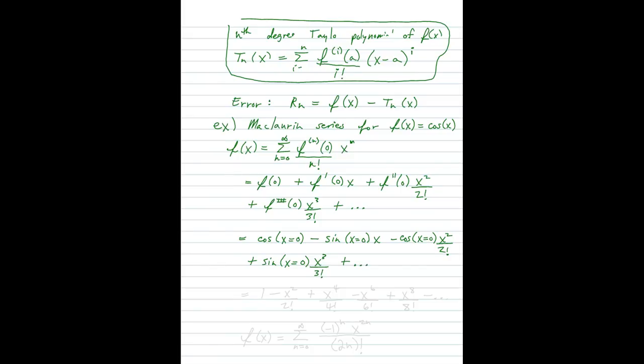And what that does is it gives us an alternating series, which looks like 1 minus x squared over 2 factorial plus x to the 4th over 4 factorial minus x to the 6th over 6 factorial plus x to the 8th over 8 factorial, etc., etc.